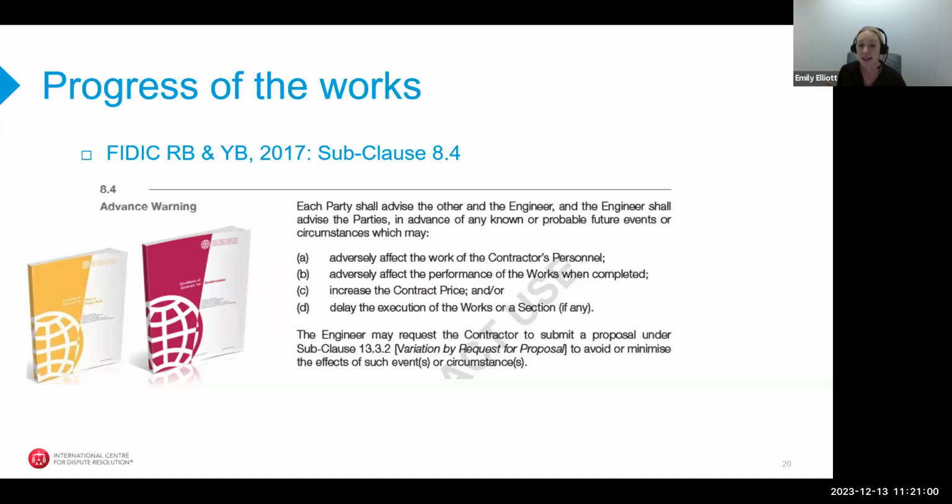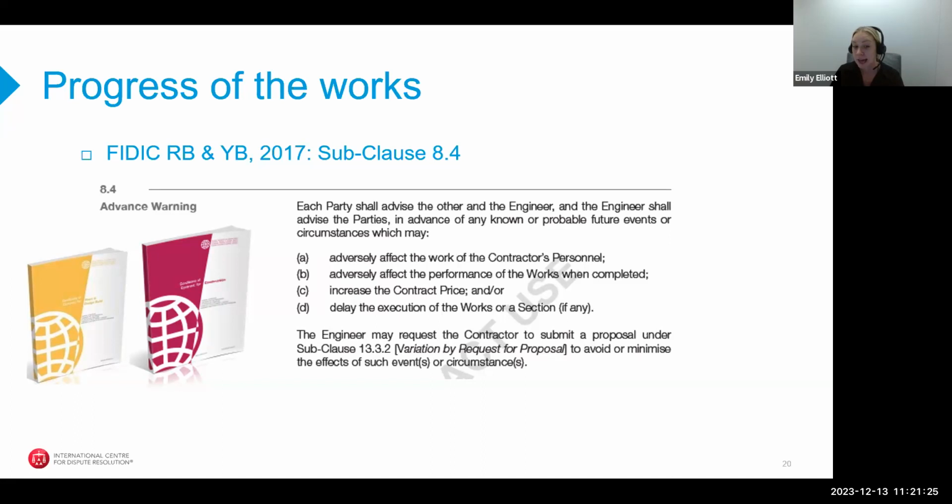So what exactly is a known or probable future event, you might be asking yourselves? Well, it's probably easiest to explain this by way of an example. So, for example, the contractor may become aware of a delay in the lead time for a specific piece of equipment, which the contractor knows is critical to the works. Certain mitigation measures may be put into place to try to mitigate any delay.